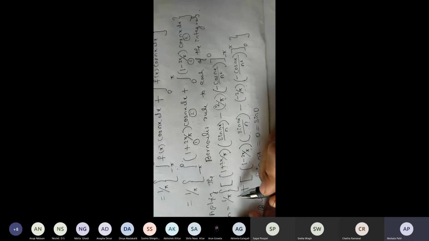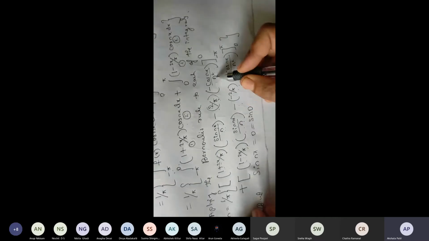First term is 0, so apply the second term. Second term means here what? Minus into minus plus. Plus 2 by pi n square. Pi is already there outside. I will take it outside, and you will get 2 by pi square n square.